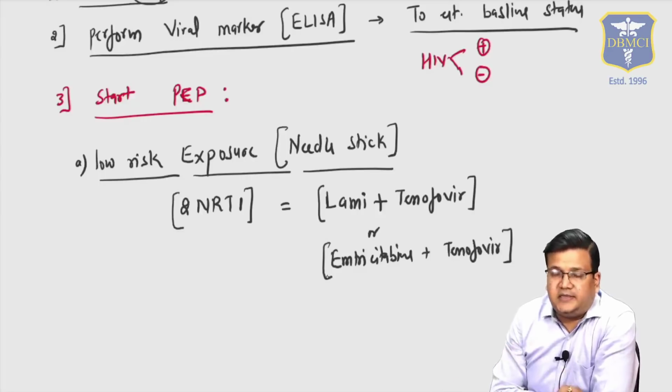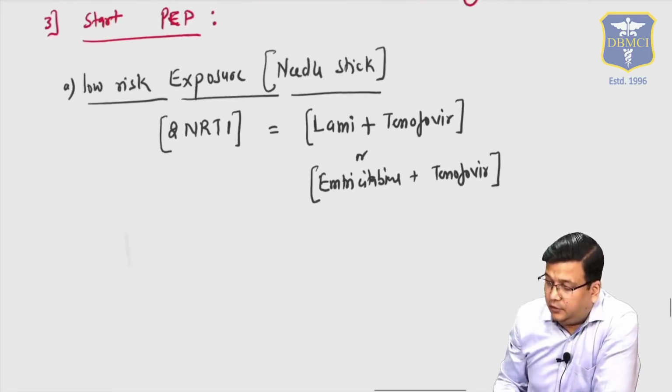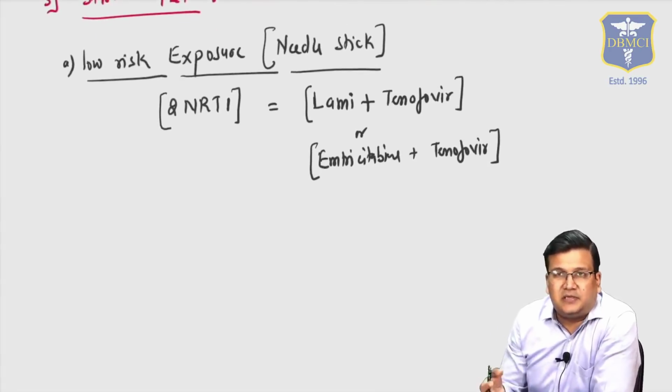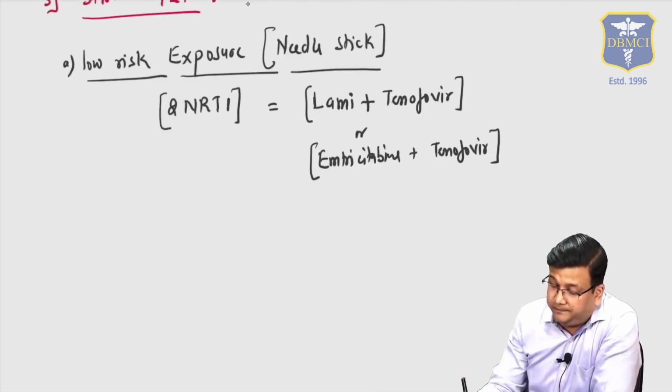So 2 NRTIs are to be given in cases of low risk exposure.